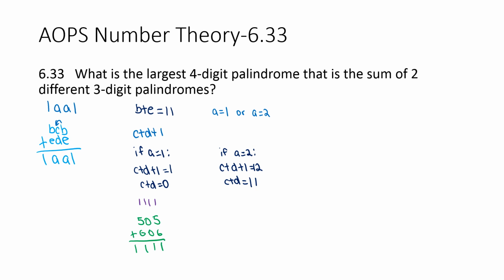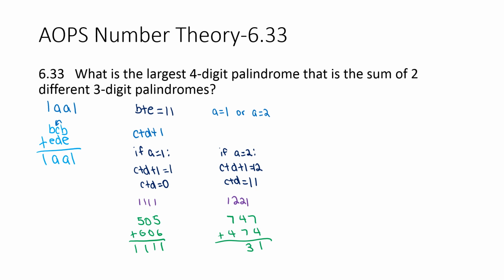And then for the second case, if A is equal to 2, it should be 1, 2, 2, 1. So then we test numbers again. For example, 4, 7, 4 and 7, 4, 7, because C plus D adds up to 11.